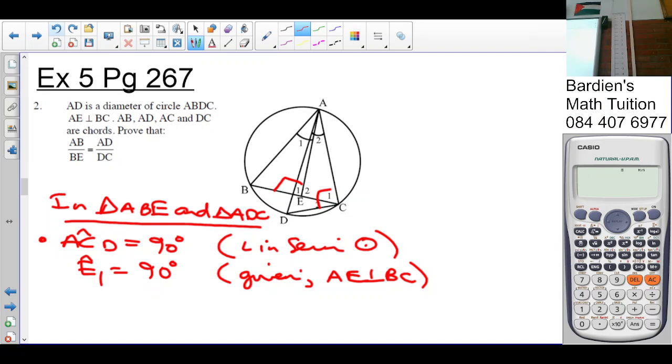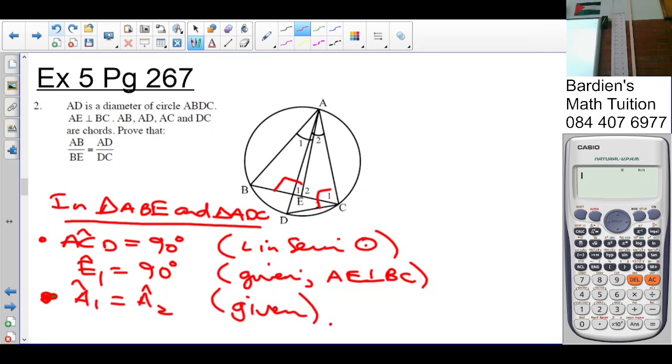Now we need another one. Another angle that's equal. A1, yes? It's A2. Where are you getting that from? It's on the diagram. It's given to us. So angle A1 is equal to angle A2. It is given.